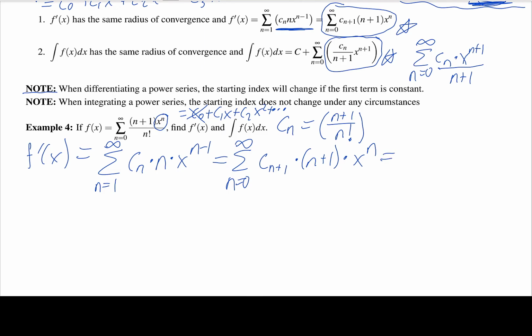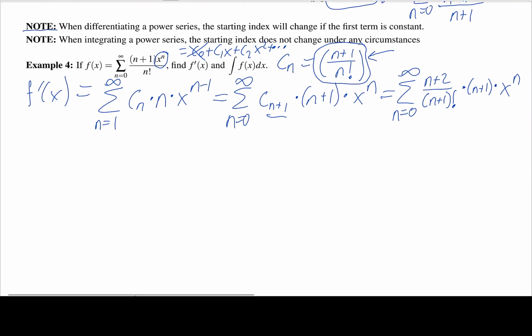And so now if I plug everything in, this is going to be the sum from n equals 0 to infinity of c sub n plus 1, so that would be n plus 2 over n plus 1 factorial, because all I did is I took this n plus 1 and I plugged it in for the n's in this c sub n. And then we should have times n plus 1 times x to the n. Okay, so that would be the derivative of this power series.